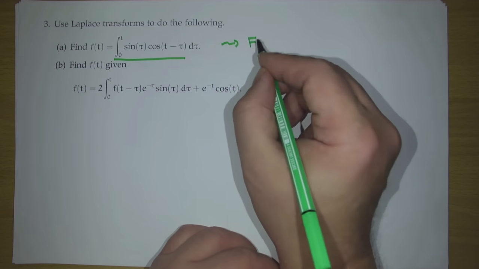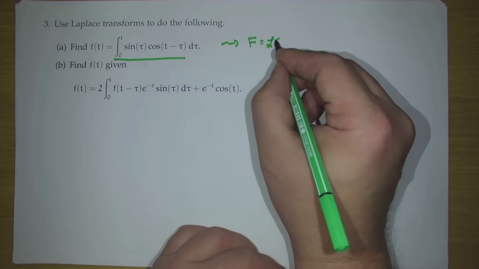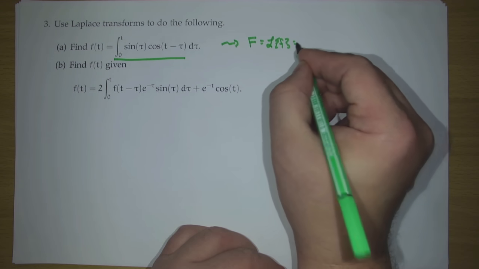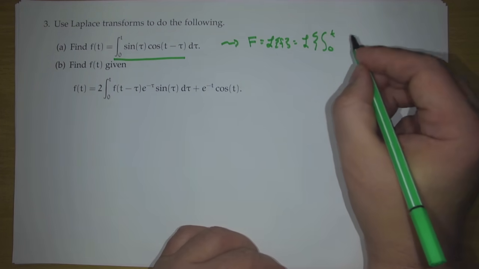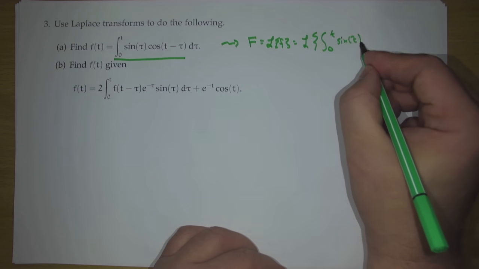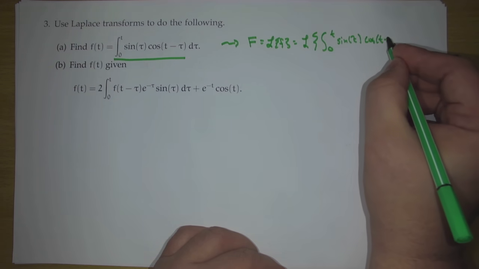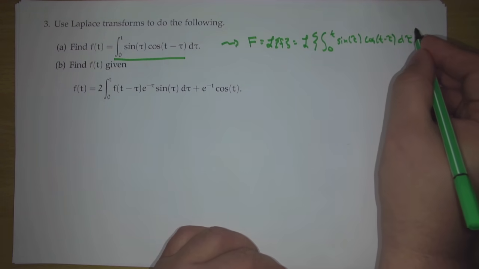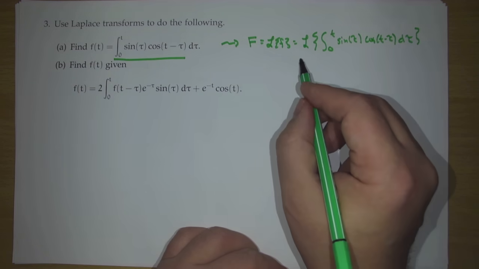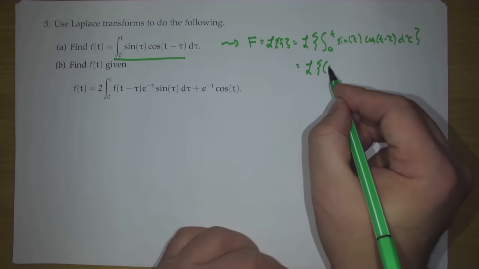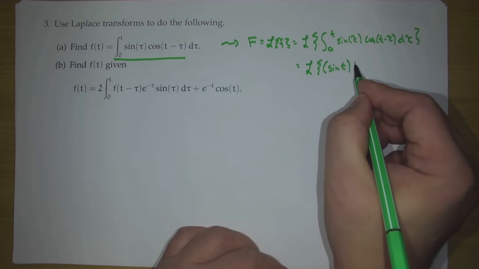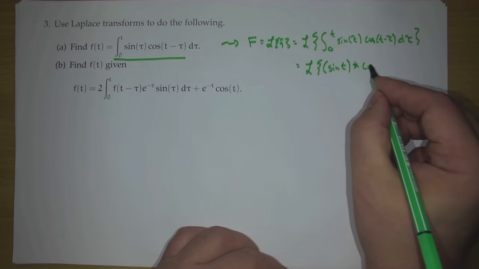So we have capital F, that's the Laplace of little f, which is the Laplace of this integral. According to our convolution, that's the Laplace of the two functions, namely sine convoluted with cosine.